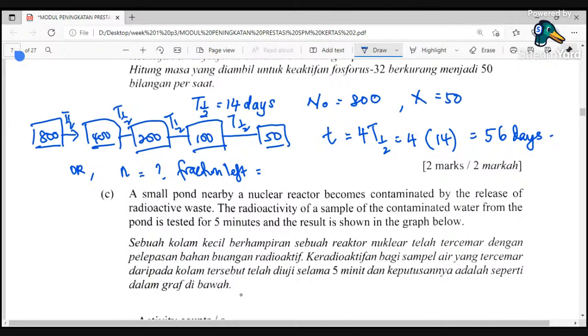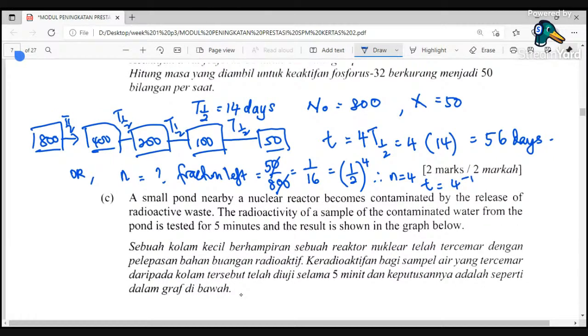You ambilkan 50 divided by 800. So it becomes 1 over 16, which equals 1 over 2 to the power 4. This we get n equals 4, same thing. So what is the time taken for half-life? Okay, so this one also we can apply the formula to calculate, or you can just use this method. So okay.